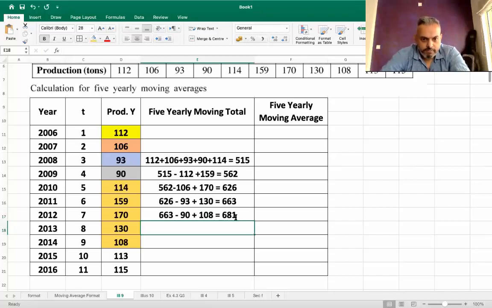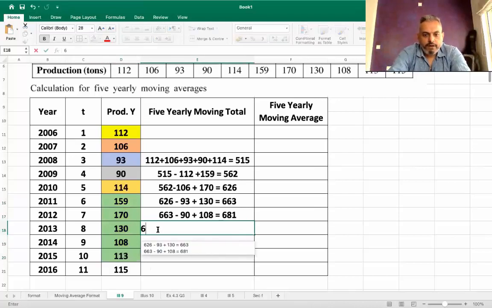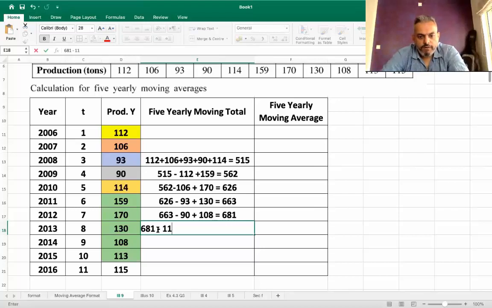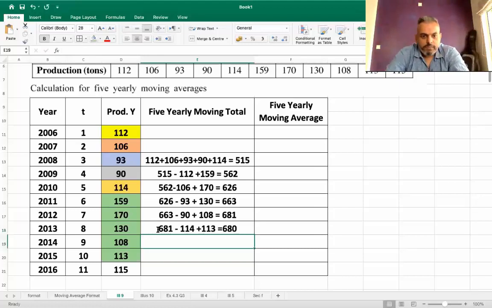Then 681 minus 114 plus 113, 680. And then finally the last one where we can go. Okay.